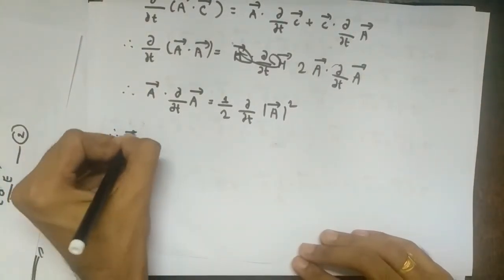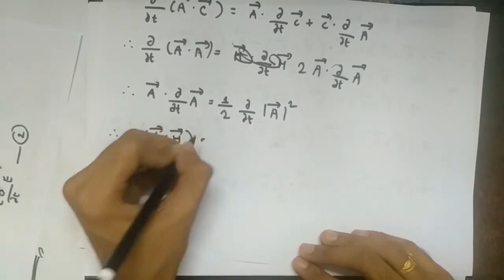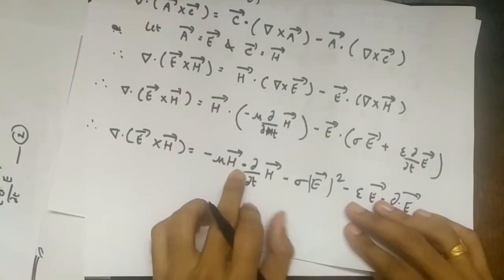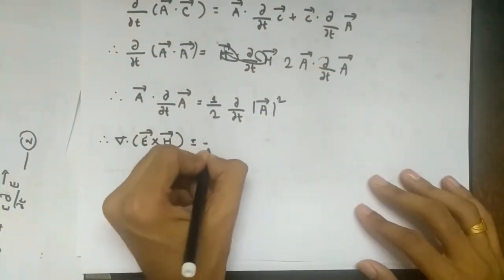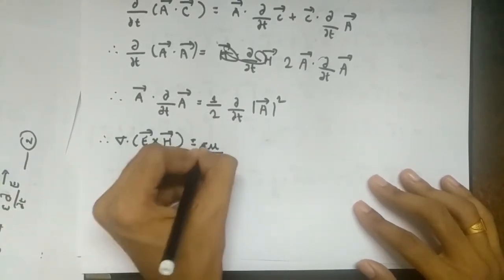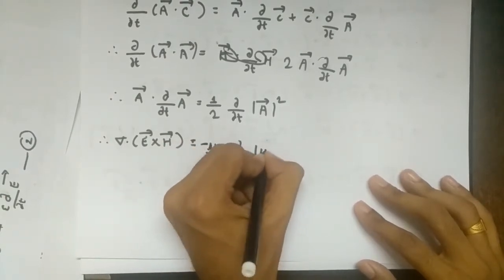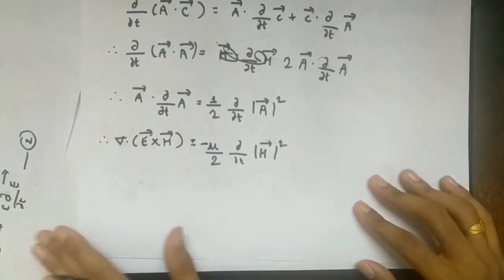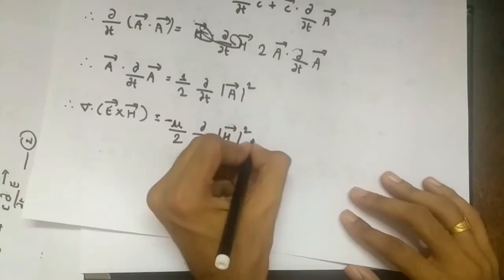So therefore, what is del dot E vector cross H vector? We have it here: minus mu H vector dot ∂/∂t H vector, means A is H vector, right? So equal to minus mu, and it is into half, so I'll write minus mu by 2 ∂/∂t magnitude of H vector squared, right? And minus epsilon, and again that identity, so again it is half.